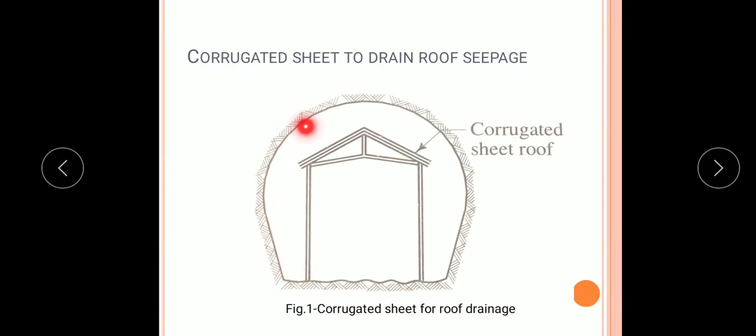This is a tunnel perimeter or tunnel lining, and if there is percolation of water from this side, these corrugated sheets are provided so that whatever water is percolating from the tunnel roof will be collected on this corrugated sheet and will be drained off, and here the drains are provided. This is the first method.